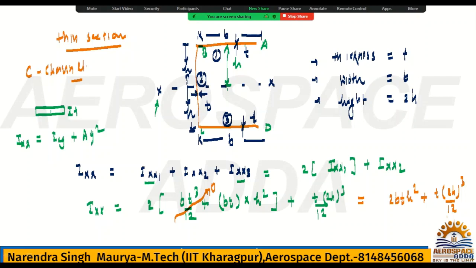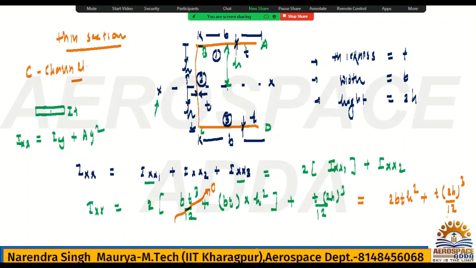Similarly, for any I section, T section, L section, which we saw in our first or second lecture, if the approximation is for a thin wall or thin section, you can say thin I section, thin T section, thin L section, thin C channel.